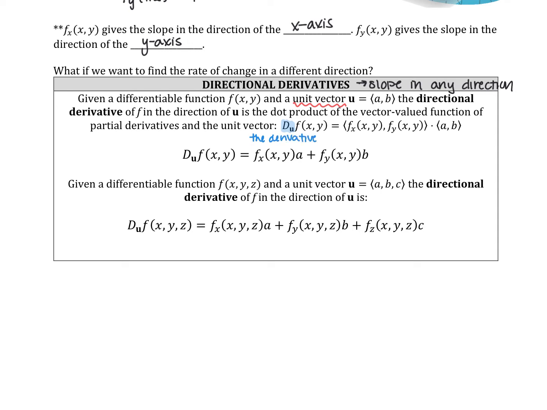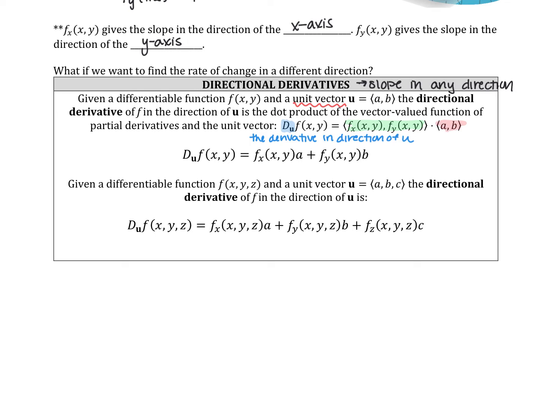It does not just limit it to the direction of the x and y axis, but it is the direction of u. And we take the dot product of this vector, which you'll notice is the partial derivatives with respect to x and y, with that unit vector that we talked about, a, b.